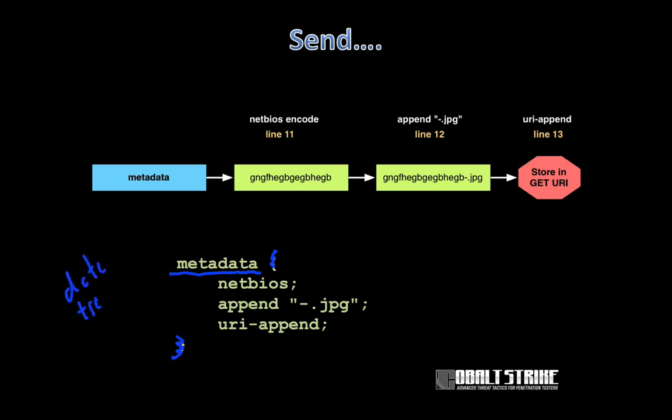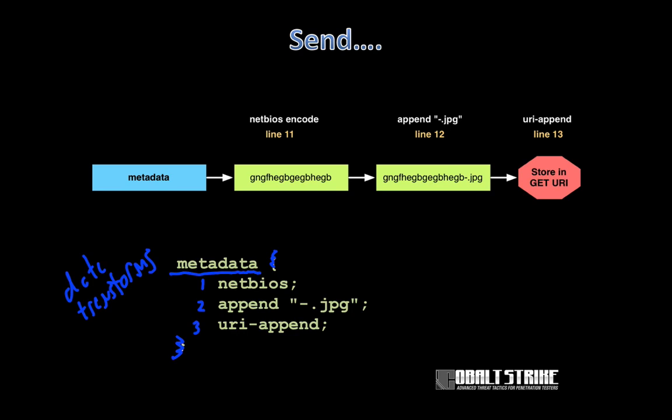These data transforms describe what we want Beacon to do with the data to send it back to Cobalt Strike. And we've got 3 steps: NetBIOS encode, append dash.jpg, and URI append. We're going to walk through these.